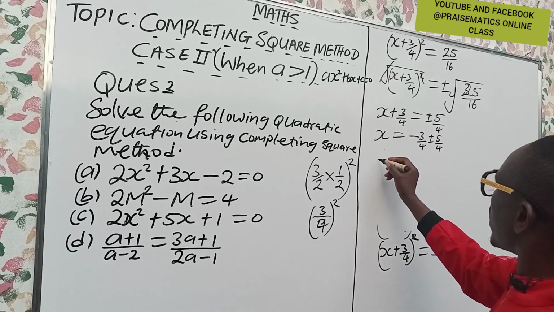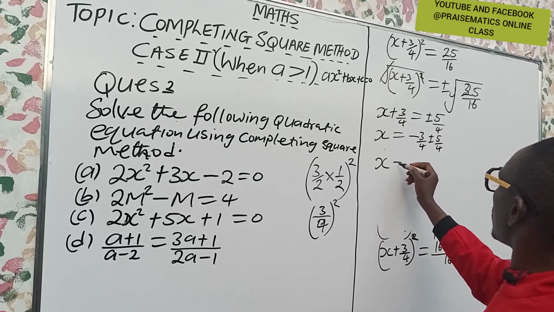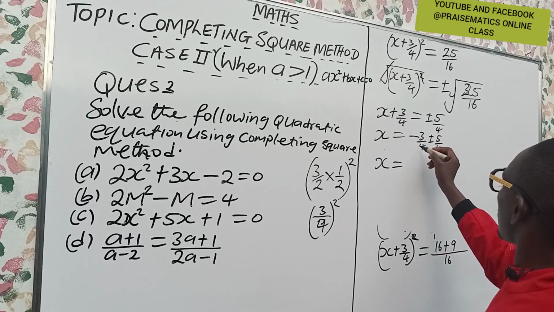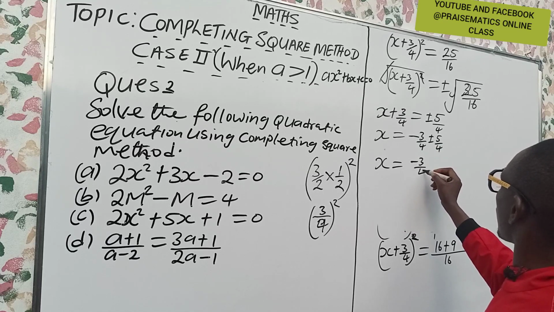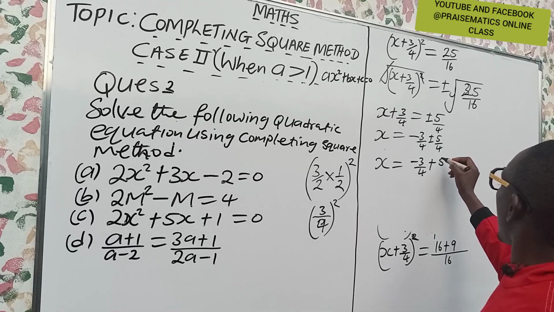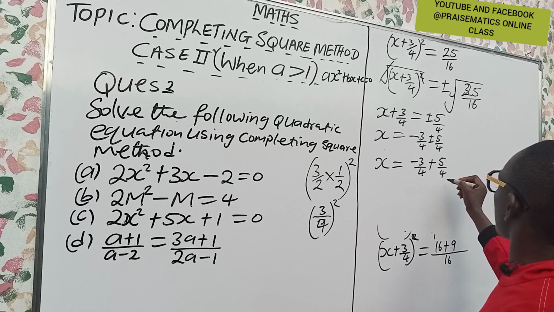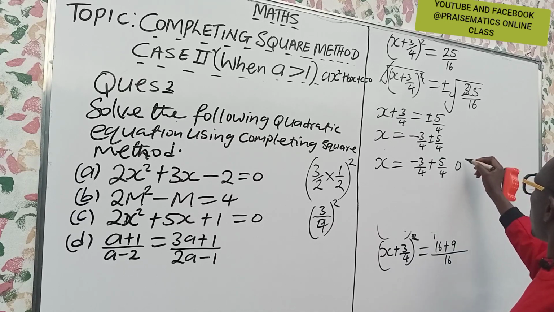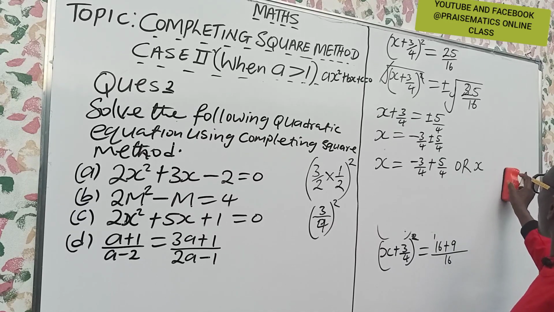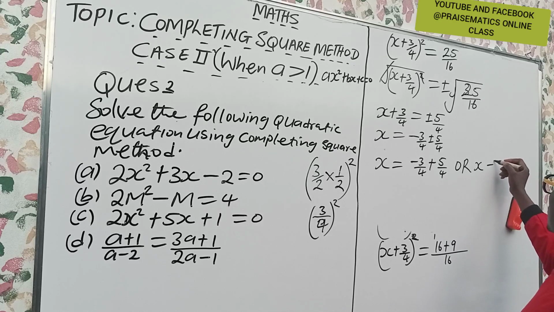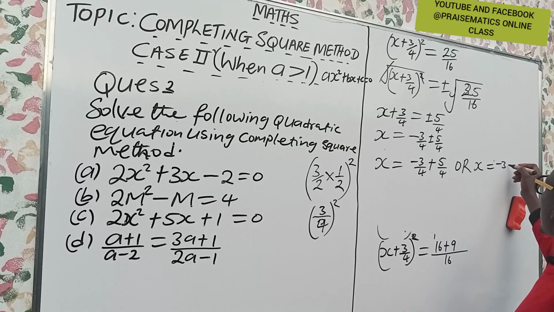Next, what do we do again? x is equal to what? Minus 3/4 plus 5/4, or x equal to minus 3/4 minus 5/4.